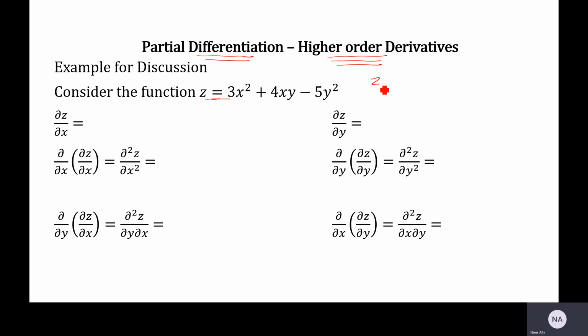In other words, z is a function of the variables x and y, which means when I find the derivatives, I'll have to differentiate partially, keeping the one constant.